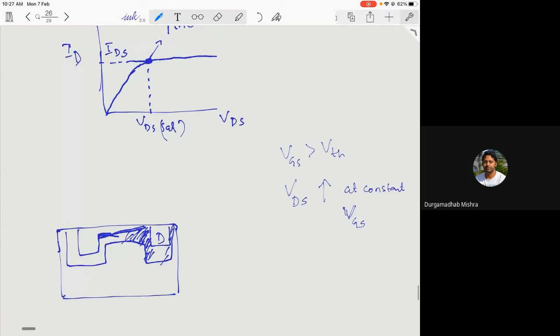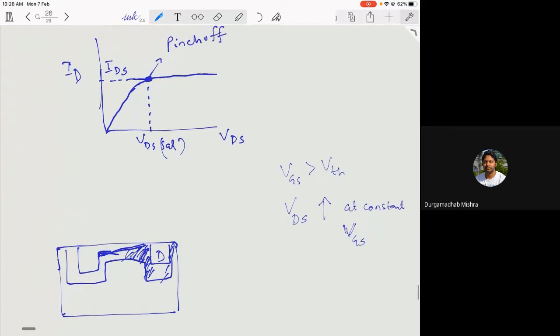So let me plot this ID versus VDS for different gate voltages. So we have three parameters. We are applying a gate voltage, which is basically acting like a switch to turn the device on or off.